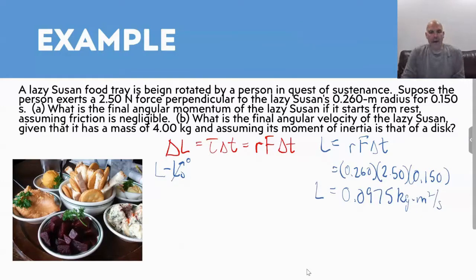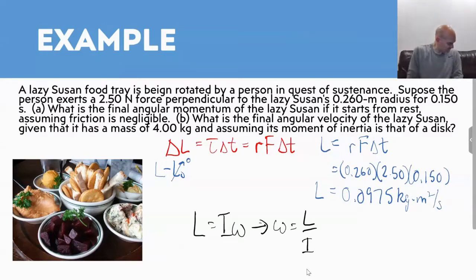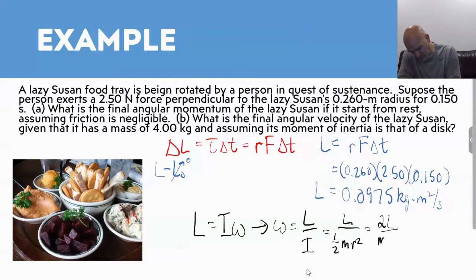Okay, now since we know that this is our L value, we can just simply plug in L equals I omega, and we're going to solve it for omega. So it's going to just be L over I, but we do need to calculate the I value, right, because they tell us a disk, so a disk is 1/2 mr squared. So I can just simply say L over 1/2 mr squared, or I can do a little bit, be 2L over mr squared.